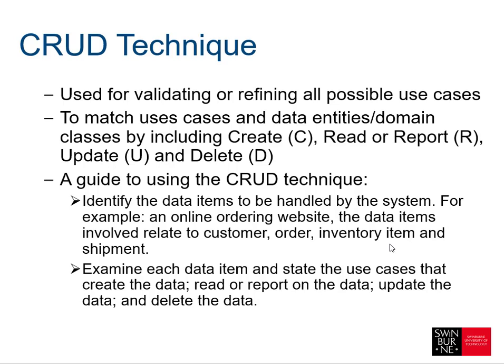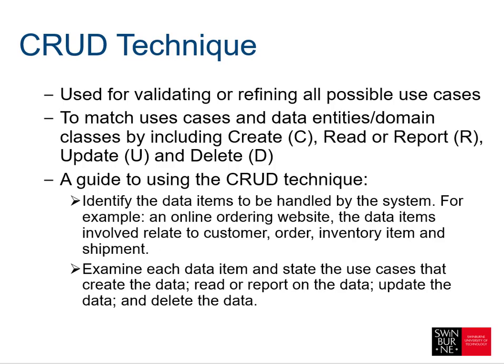Inventory item, order line item, maybe another entity. And also we may have a shipment entity, right? Then we need to examine each data item or data entity, and then state the use cases related to creating the data, reading the data, updating the data, and deleting the data, right?